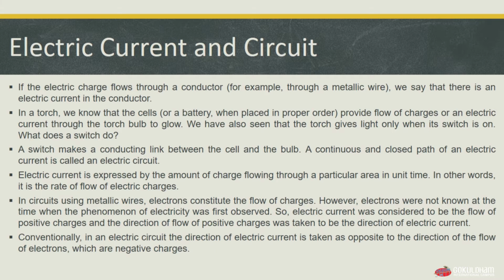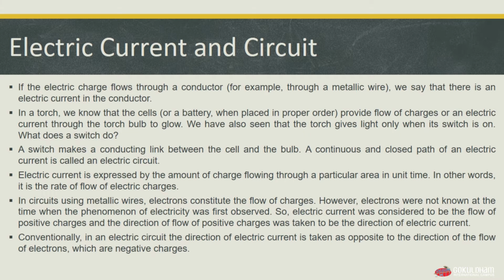So electric current was considered to be the flow of positive charges, and the direction of flow of positive charges was taken to be the direction of electric current. Why? Because electrons were not known at that time, and electrons have negative charges.